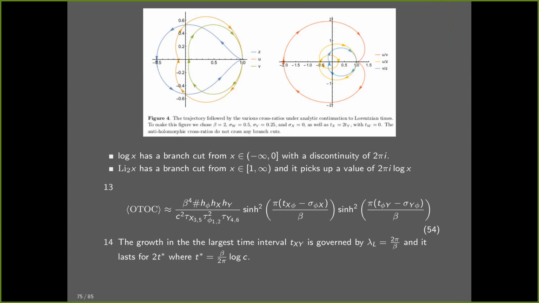Does it correspond to evaluating bulk loops? Usually, like in the usual 4-point function, you evaluate the Witten diagram with the stress tensor exchange, you are bound to see that exponential growth, right? The Regge growth. Yes. But here, since it's 1 over c suppressed, is it equivalent to looking at some loop diagram in the bulk?